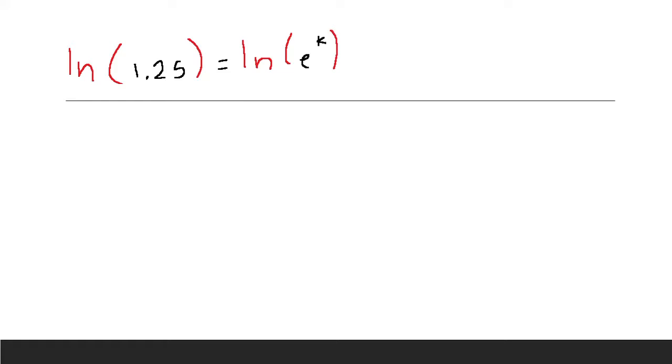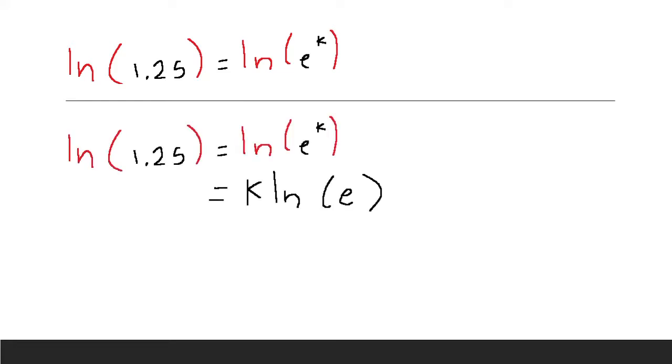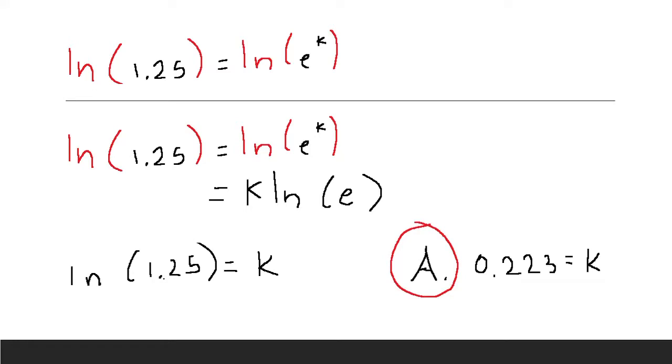A property of logs allows us to move the exponent to the front. So this is equal to k times the natural log of e, and the natural log of e is equal to 1. So k is simply equal to ln 1.25, which is about 0.223. So that's the value of k.